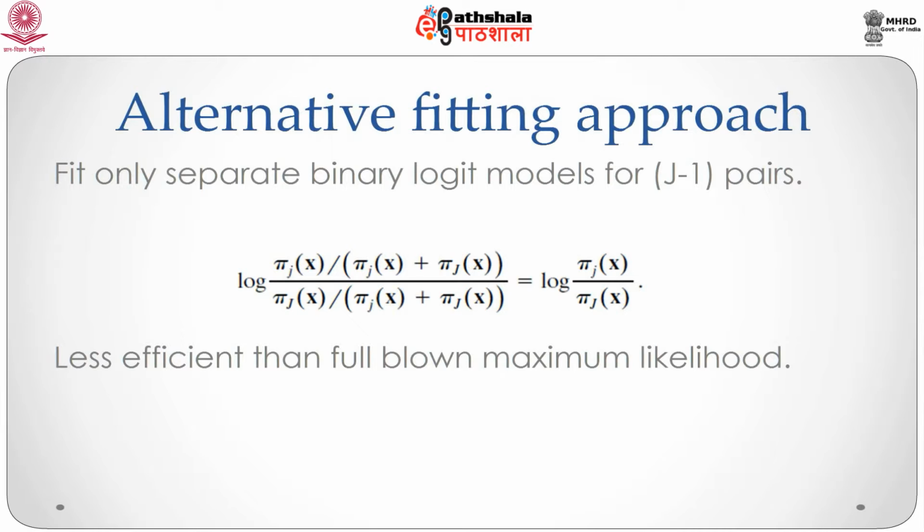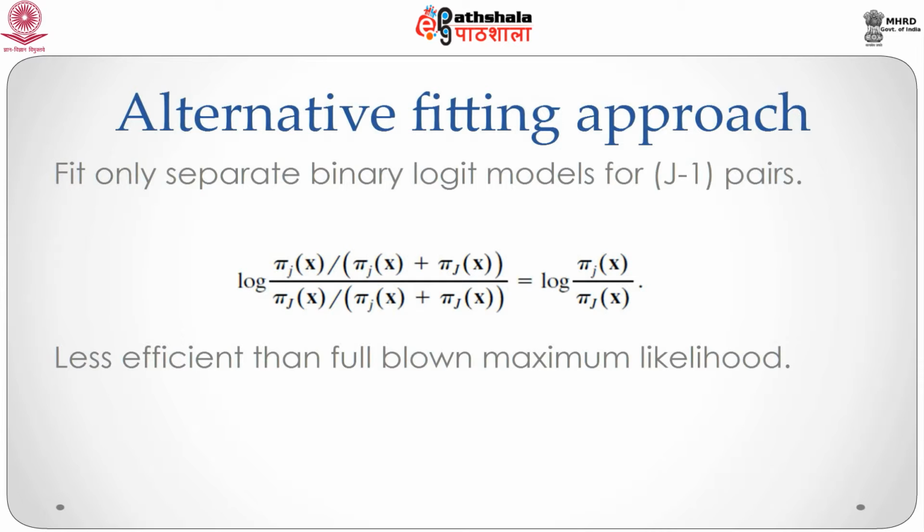Because this is complicated, there is an alternative fitting approach which is ad hoc but often used in many statistical software packages. This will separately fit the J minus 1 pairings of responses, for j equal to 1 to J minus 1, using only observations in category j or category J of the response variable to obtain estimates of alpha j and beta j. And in this manner obtain J minus 1 separate fits of the logit model.